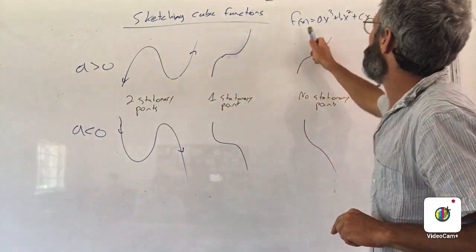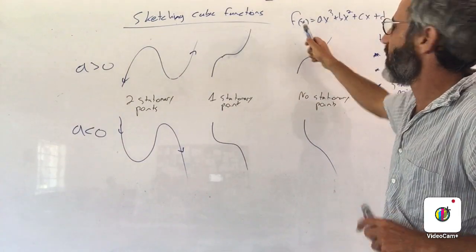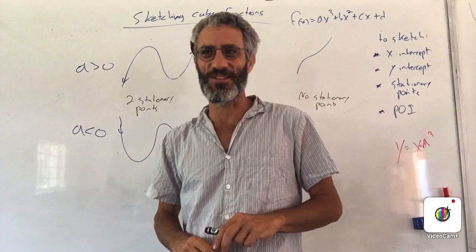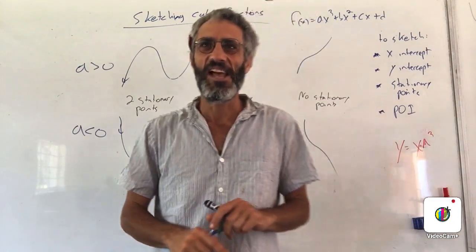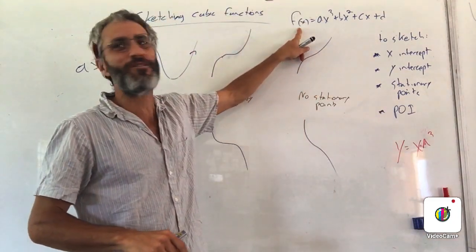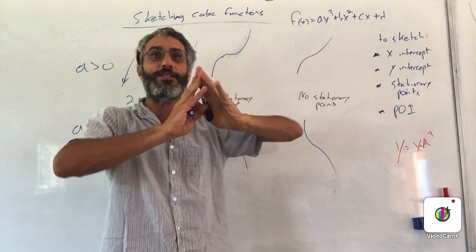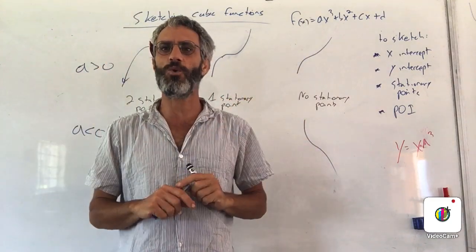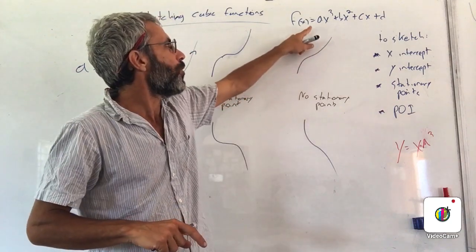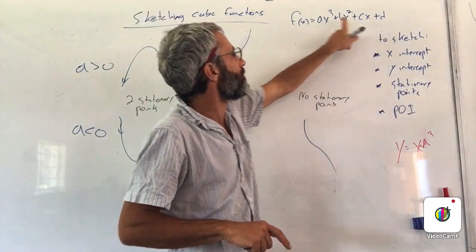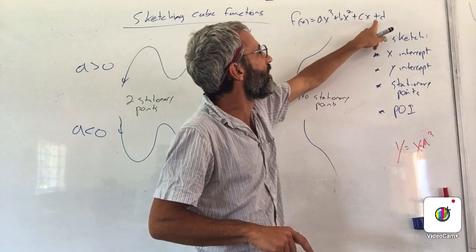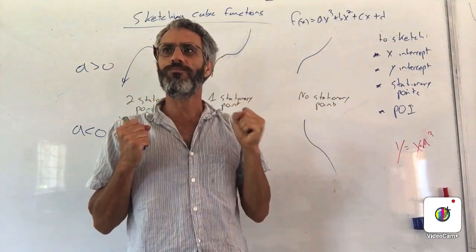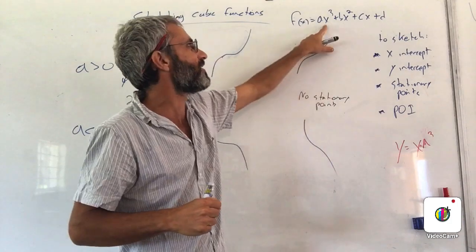If I want to know what the value of the function f of x is when x is very large, like x equals 1,000,000, let's imagine x equals 1,000,000. Which one of these terms, a x cubed, b x squared, c x, d, do you think is going to be the most dominant, the biggest when x is very large?